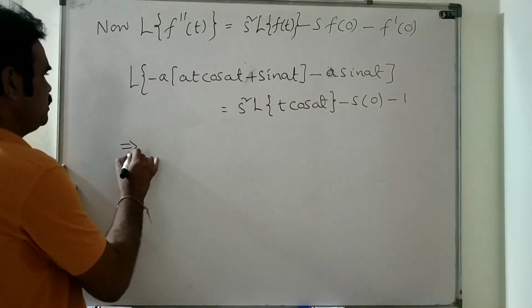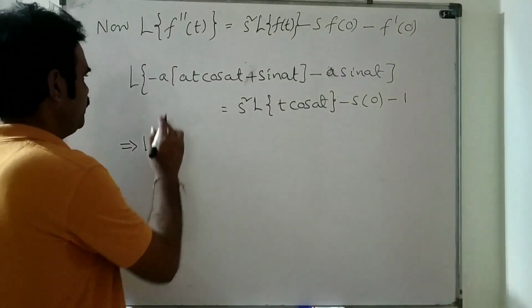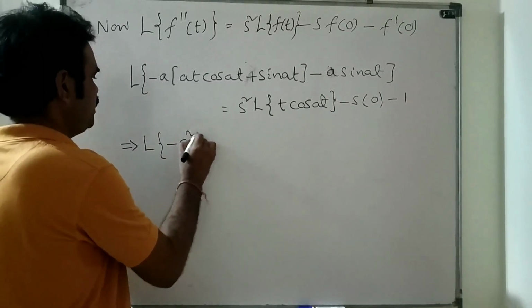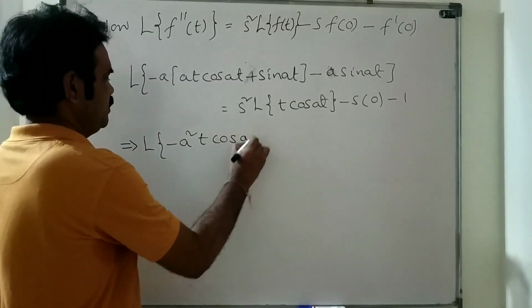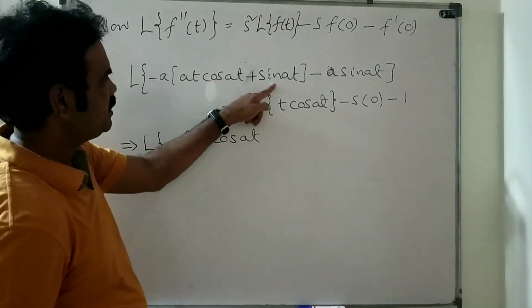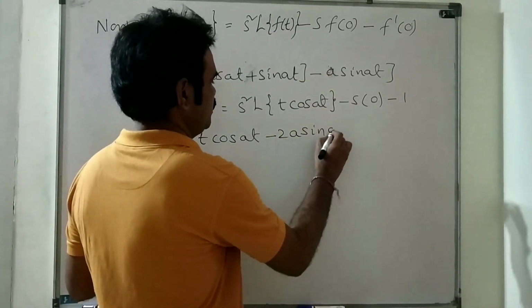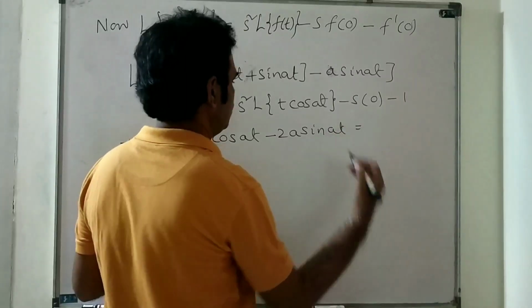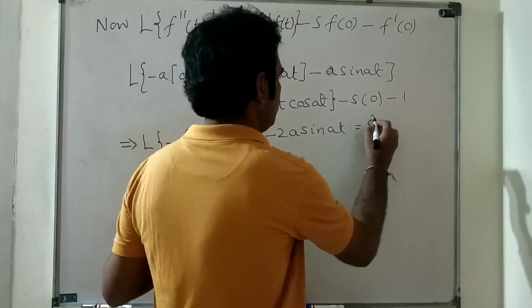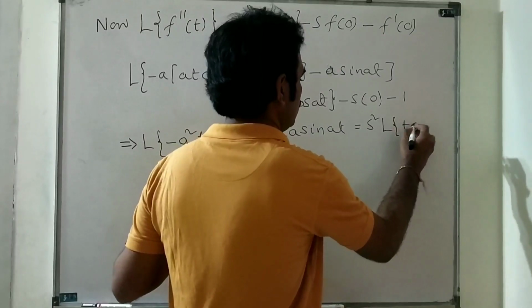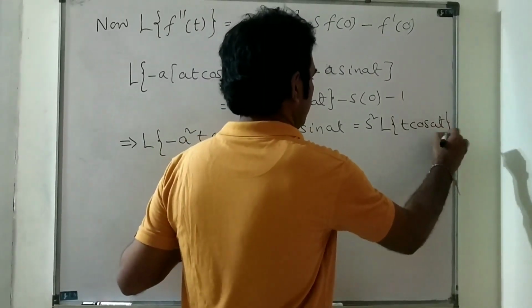Which implies that L of minus a² t cos at minus a sin at minus a sin at, minus 2a sin at, is equal to s² L of t cos at minus 1.